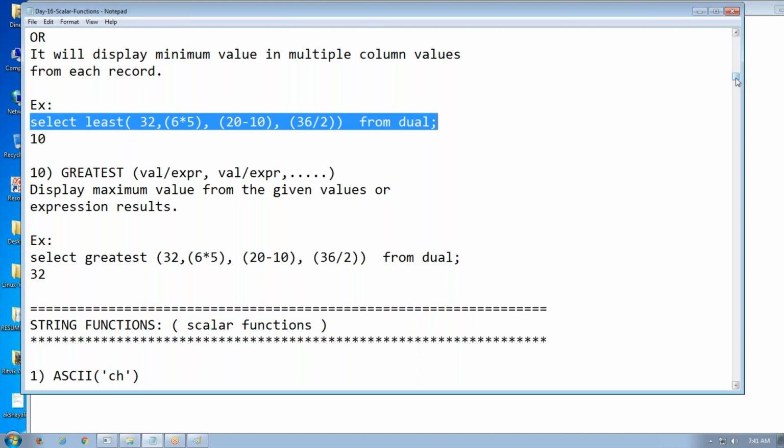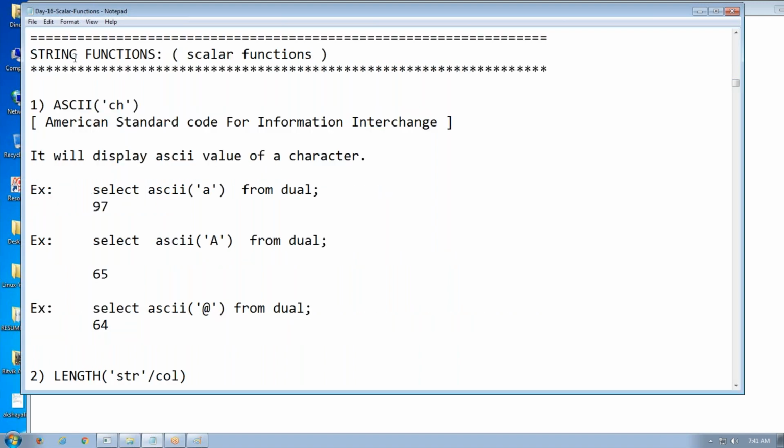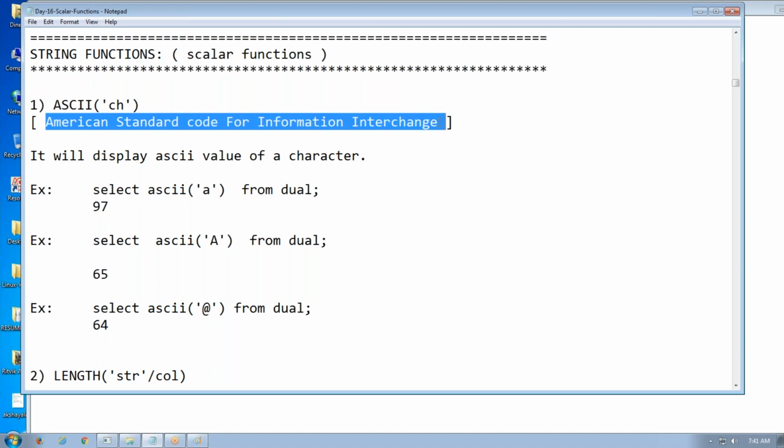Now we are talking about string functions. All string functions are scalar functions. What is the first function? First one is ASCII. What is ASCII? American Standard Code for Information Interchange. In your keyboard, each and every key has an ASCII code.